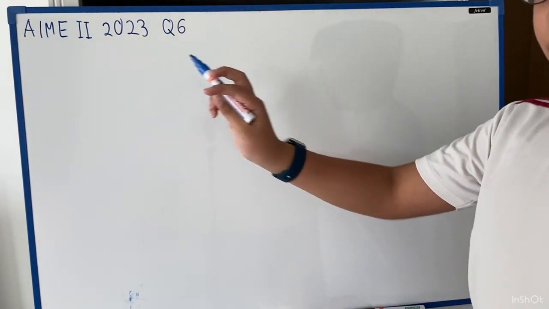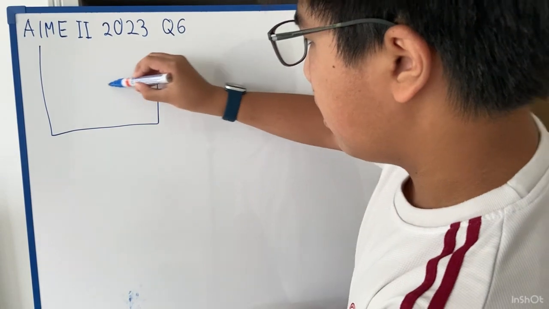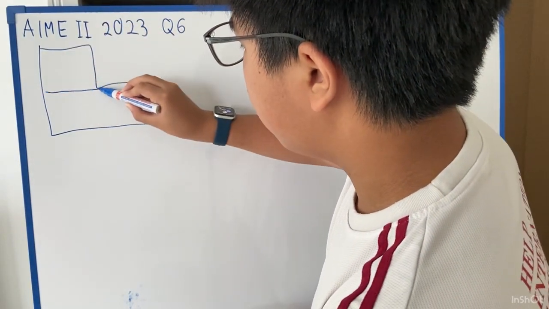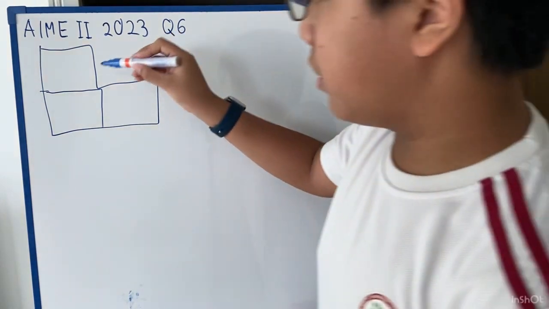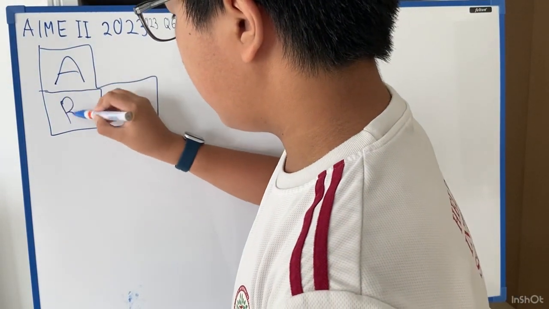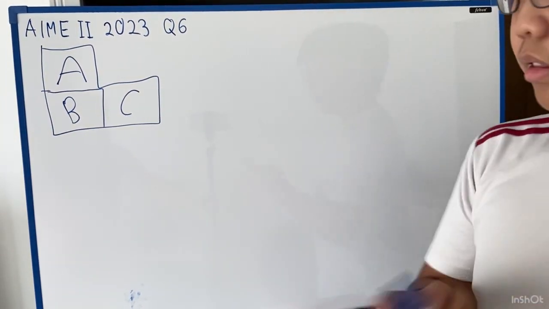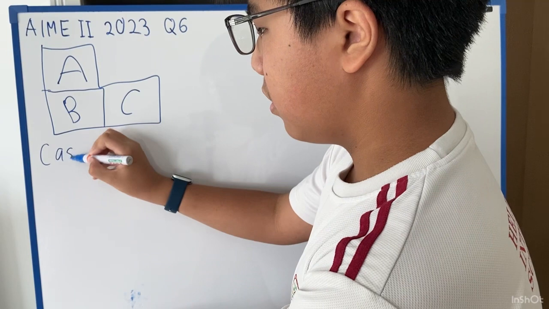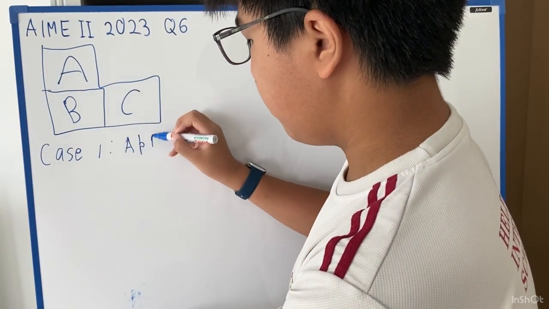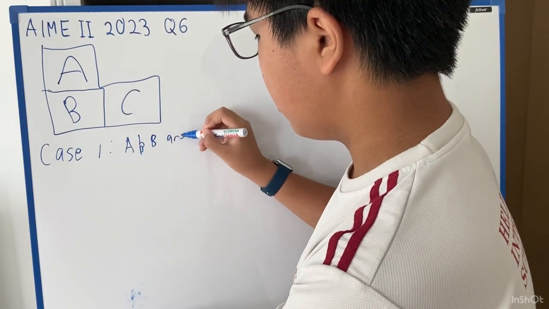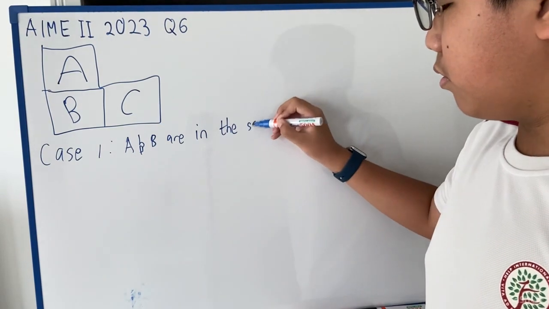So first of all, if anyone is confused, here is the drawing that we're gonna use for the problem. It's like this. Okay, and then we're gonna label the 3 squares A, B, and C. Alright? We have 3 cases. The first case is that A and B are in the same square.